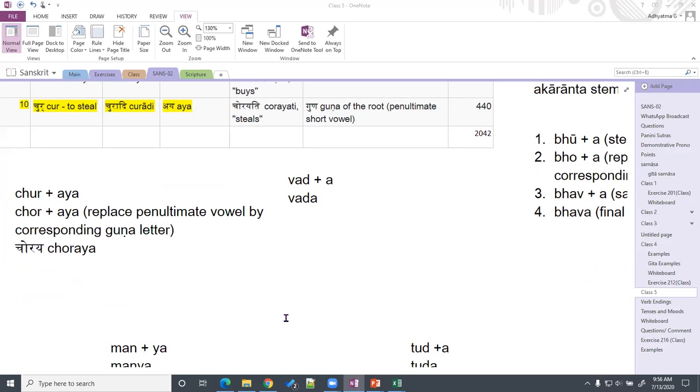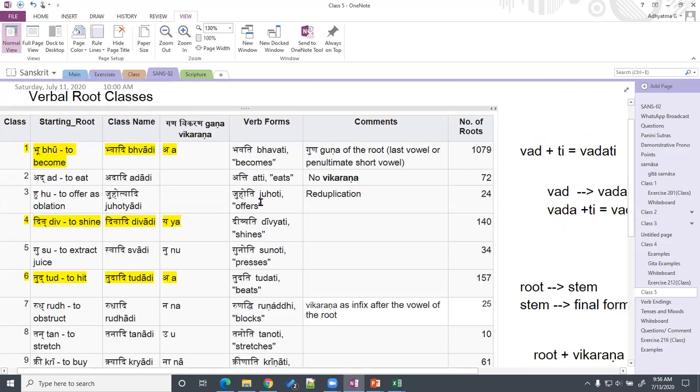All right. So I hope, and remember this I'm telling you, not necessarily that you have to understand how to make a stem of each and every root, but just to give you a feeling of how Sanskrit works when we start learning the real rules, that the memorization becomes less and understanding becomes more.